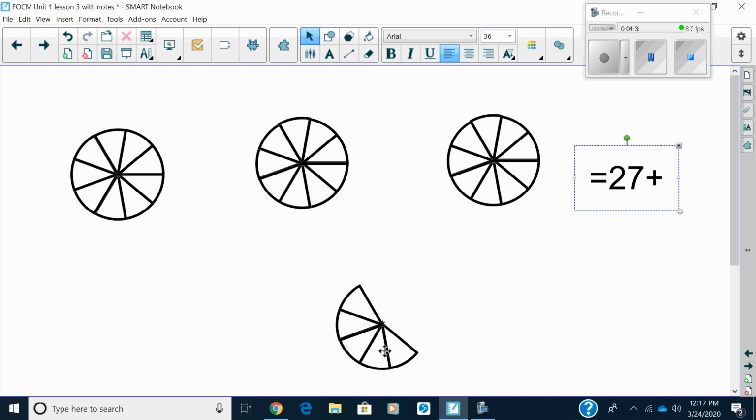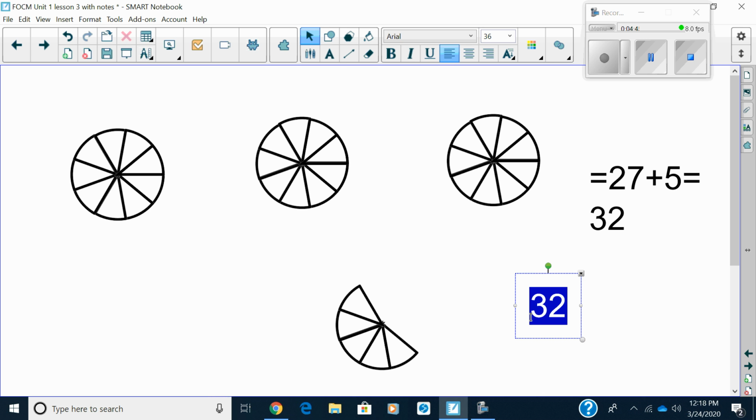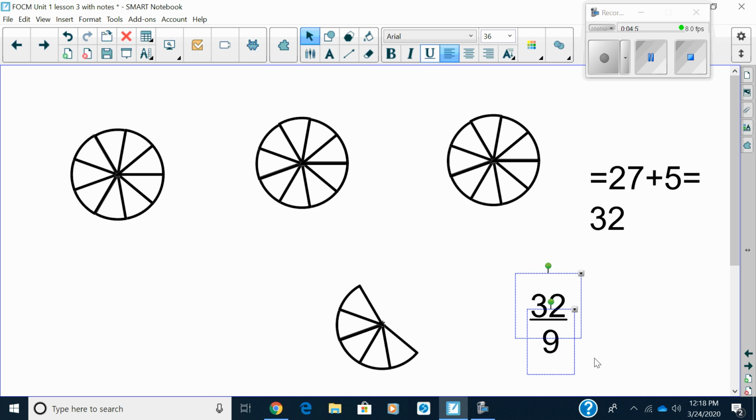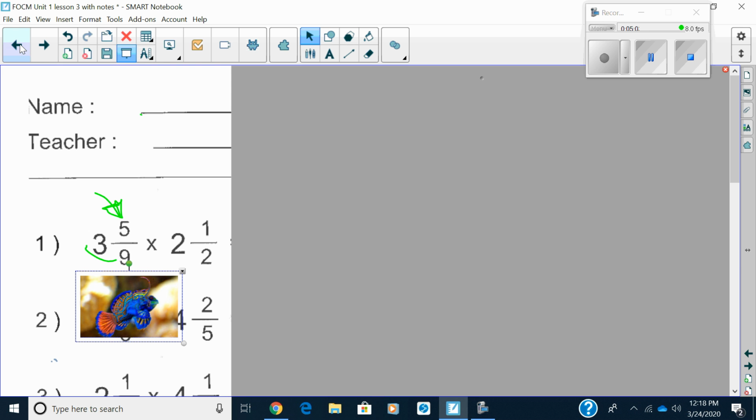Plus 1, 2, 3, 4, 5 more. We have 32 slices, but we have 32 over, how big is each slice? It's 1/9 of a pie. There are 9 slices in a pie, so we have 32 ninths, and that is how you make a mixed number into an improper fraction.